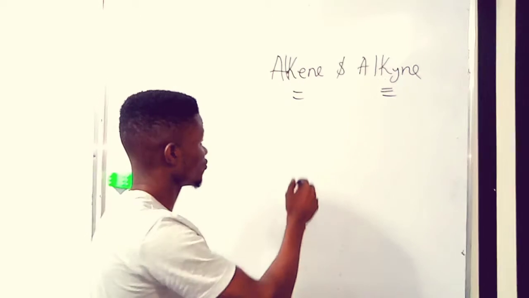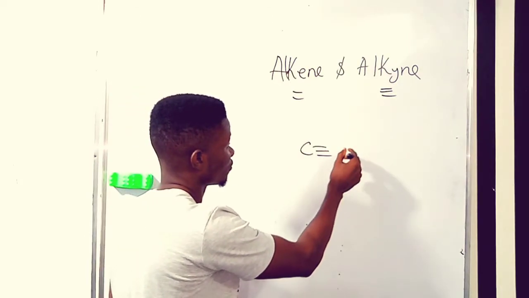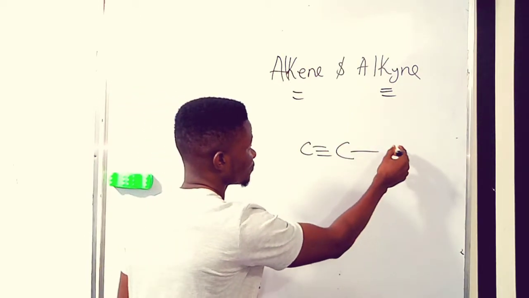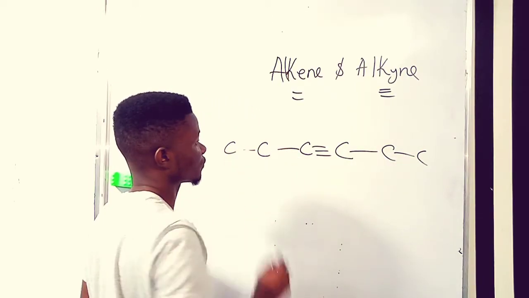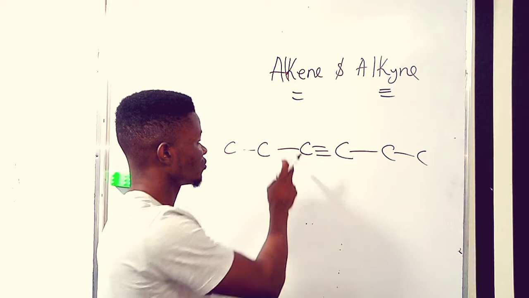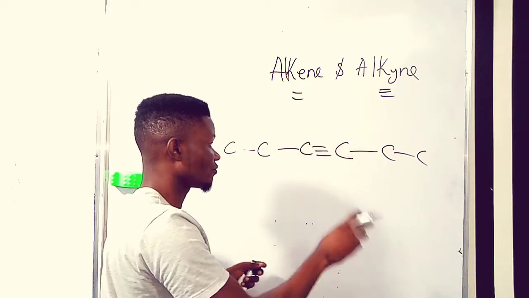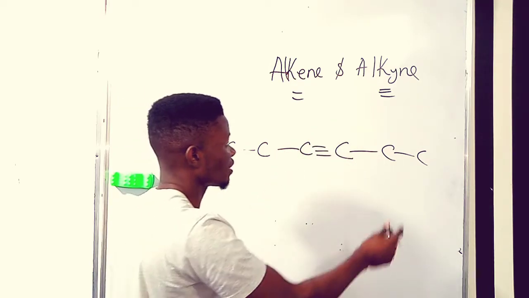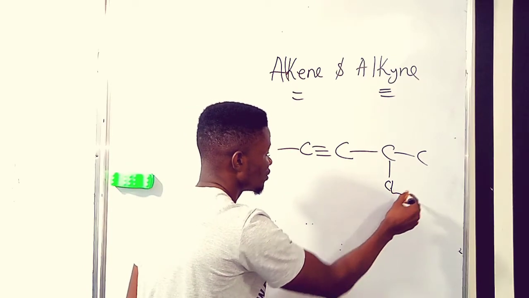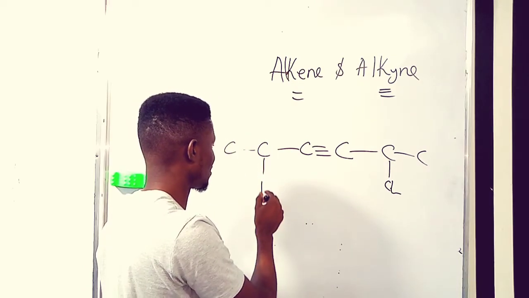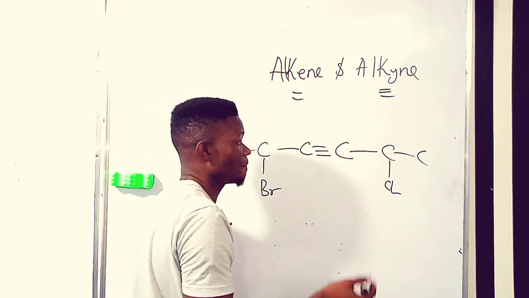All right, if we have this, look at what we have here. This is 1 plus this 3, that is 4, plus this 3, that is 4. So these 2 are okay. So we can have chlorine here, we can have bromine here.